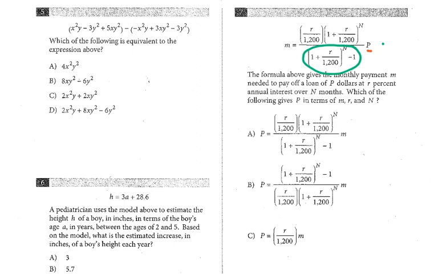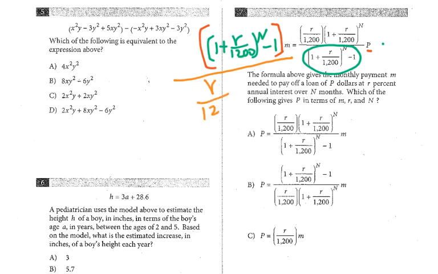In other words, we need to multiply by (1 plus R over 1200) to the nth power minus 1. Then you need to divide by R over 1200.